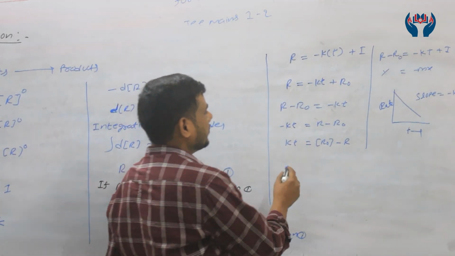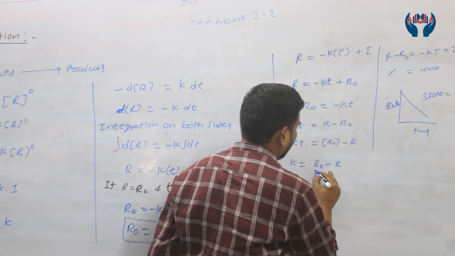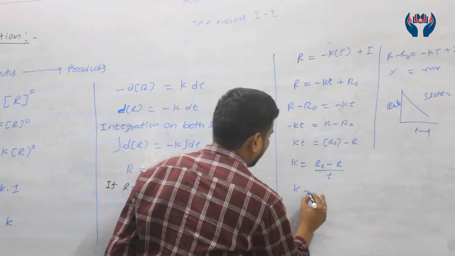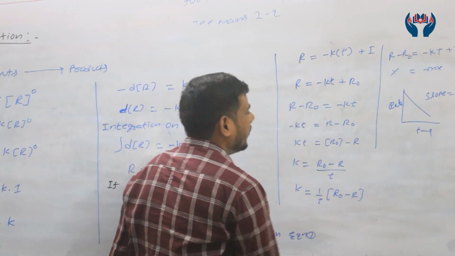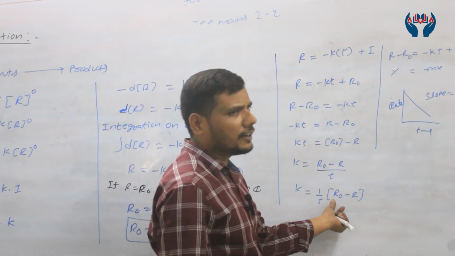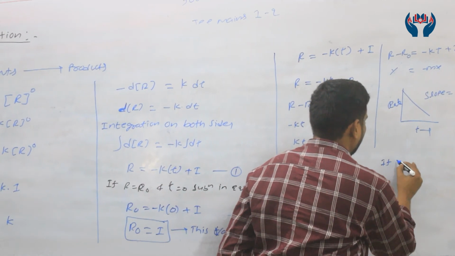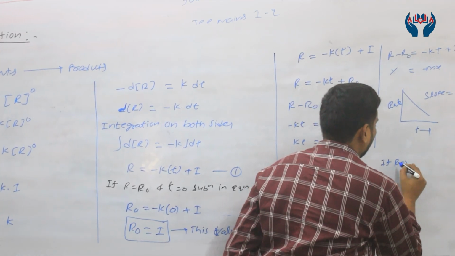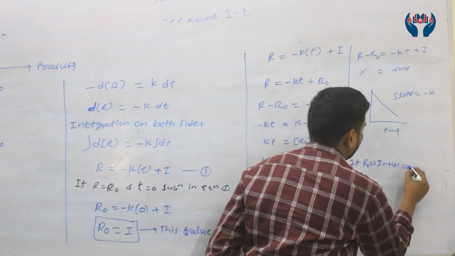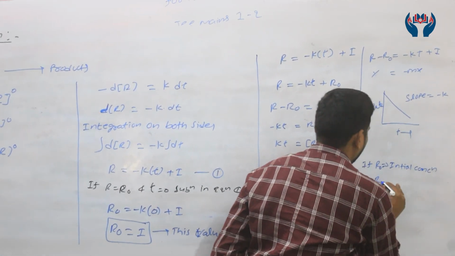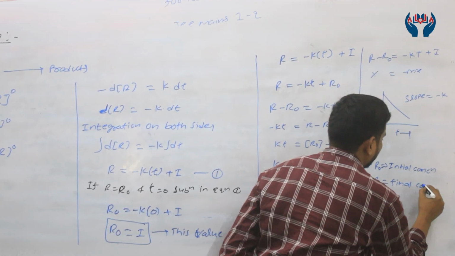Then the final equation: K equal to (R0 minus R) by t, so K equal to 1 by t into (R0 minus R). In this, R0 is the initial concentration and R is the final concentration.